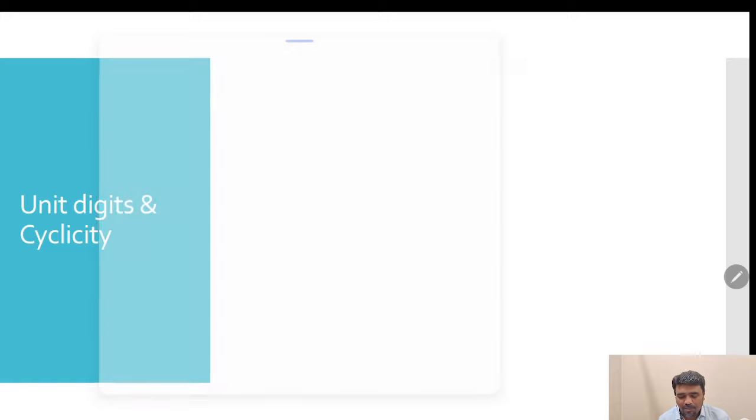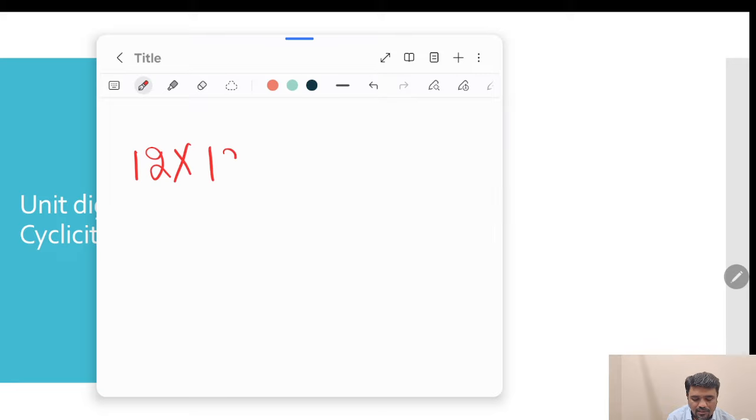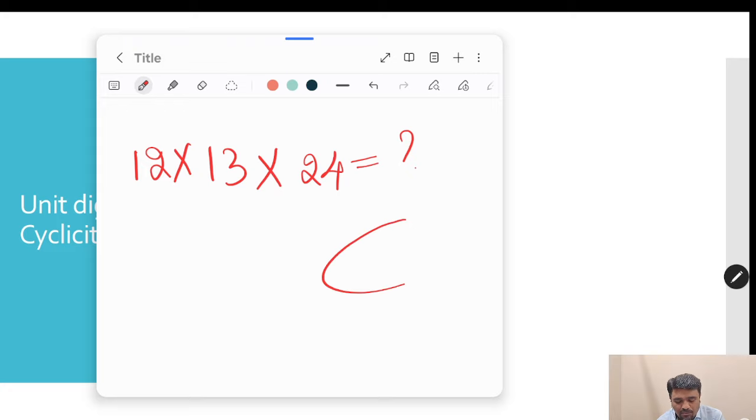Let me give you multiplication. For example, 12 into 13 into, let us say, 24. Now my question is not about the answer. Multiplication you know very well, but my question is only about the unit place. For that, I need not worry about whatever numbers are there in the 10th place or 100th place or 1000th place.